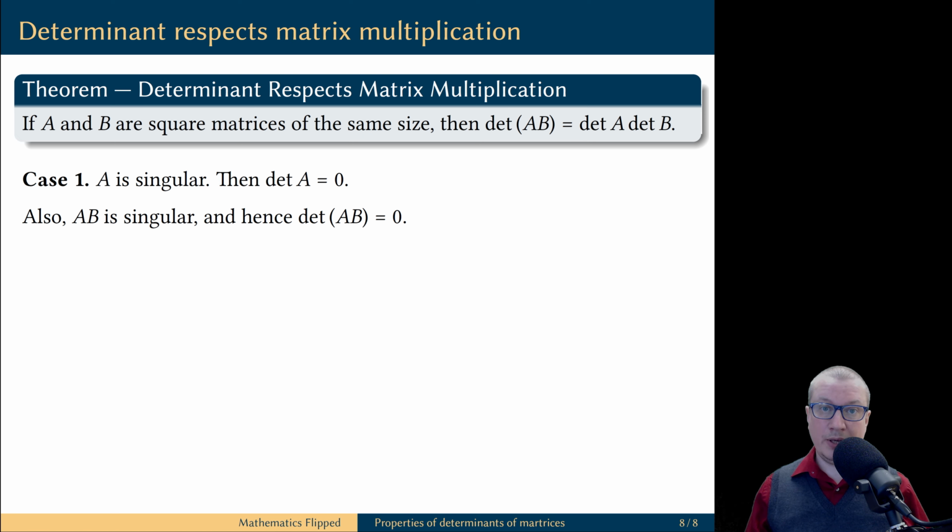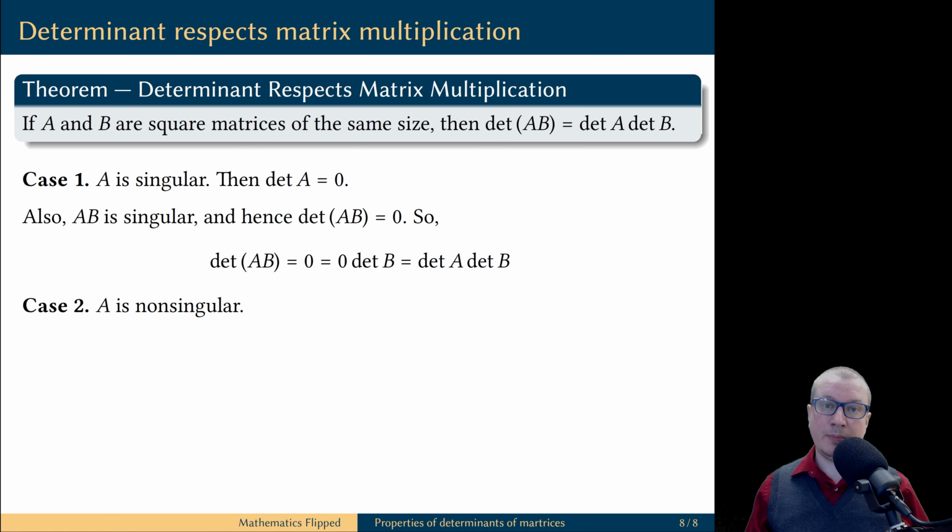But being a singular matrix, the matrix AB must have 0 determinant. And now we see that the formula holds in this case, because determinant of AB is equal to 0, which can be expressed as 0 times determinant of B regardless of what determinant of B is, and we also know that 0 is equal to determinant of A.